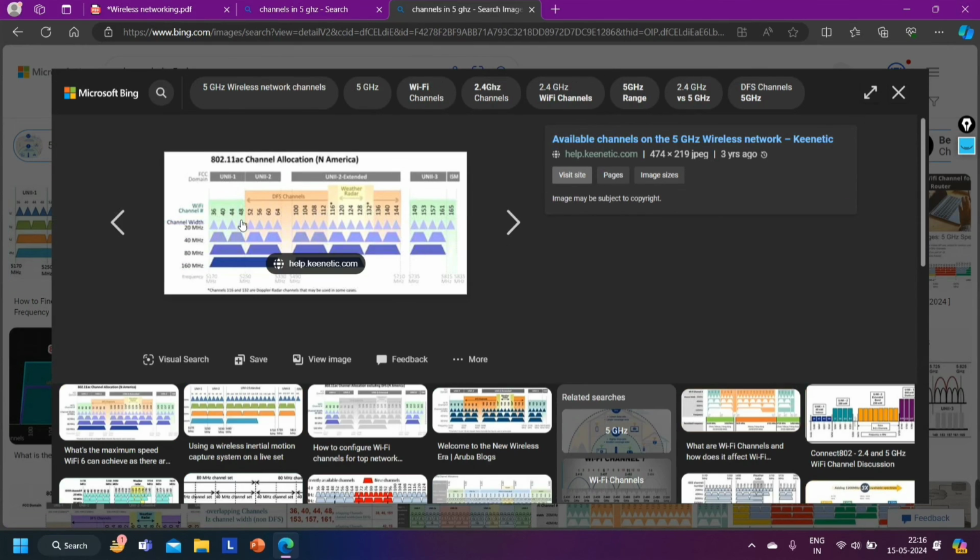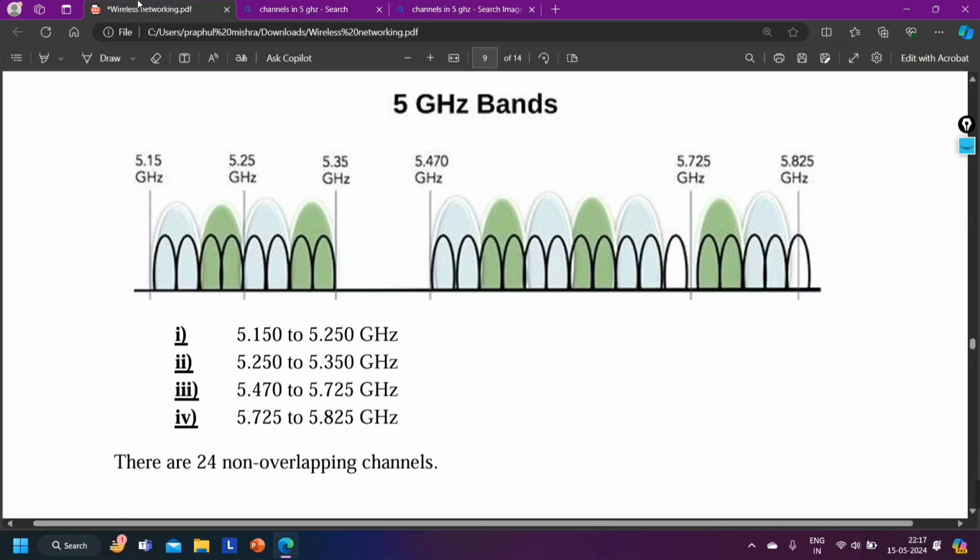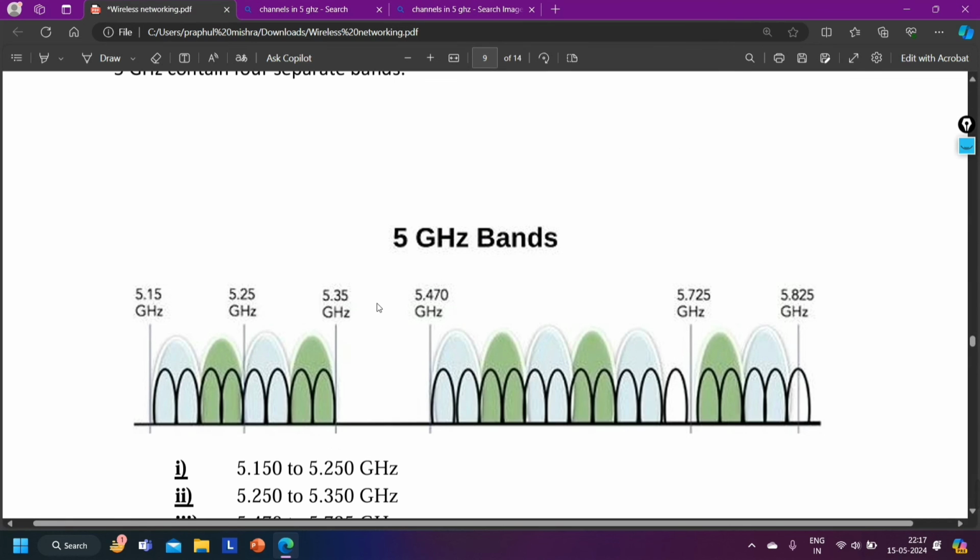Yes, here also you can see 36, 40, 44, 48, 52, 56, 60, 64, 100, 104. These are in the first section, in the second section, right? 100, 104. So these are the non-overlapping channels in the 5 gigahertz frequency. Okay, so this is all about the channels in 2.4 gigahertz and 5 gigahertz frequency.